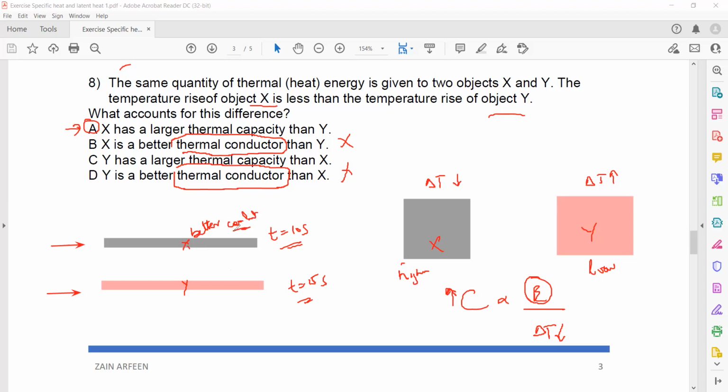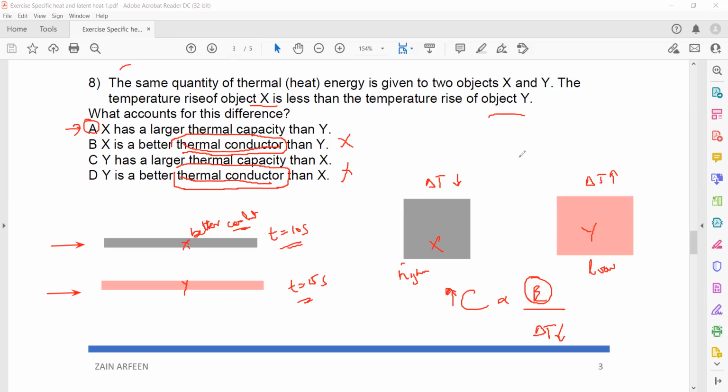But in this question, as you can see, they did not provide us anything related to time, so we cannot compare the thermal conductors. We cannot say X is a better thermal conductor or Y, because we don't have the time interval. So we are left with thermal capacity.